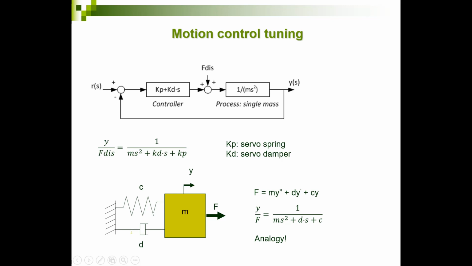And when you increase that Kp, you feel a stronger spring. And you can also feel the damper when you manually turn that motor shaft quickly and in a slow transition. And then you feel the damping force really acting on your hand. So in fact, we have created a servo spring and a servo damper.